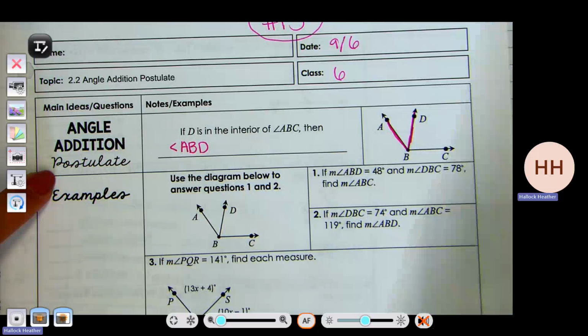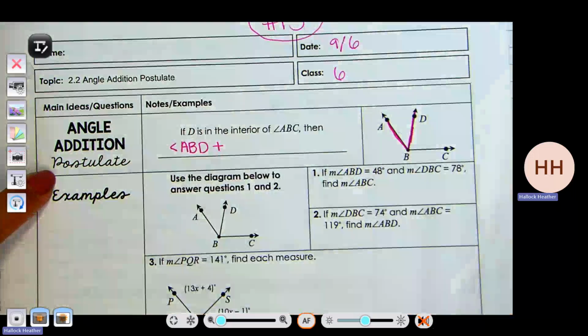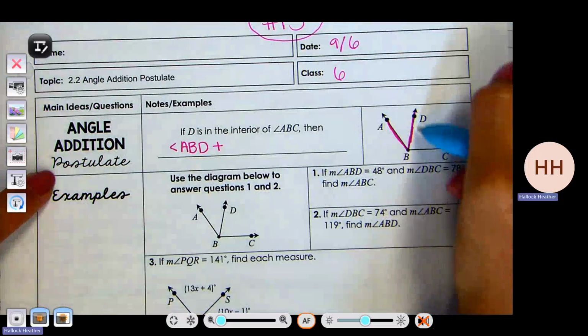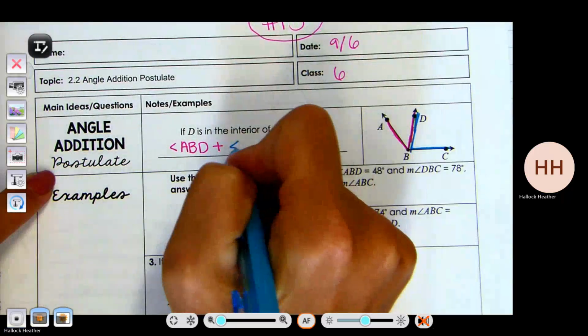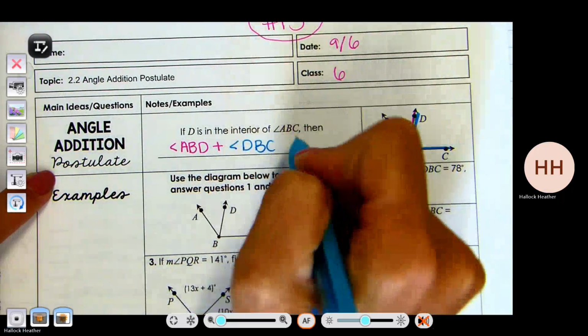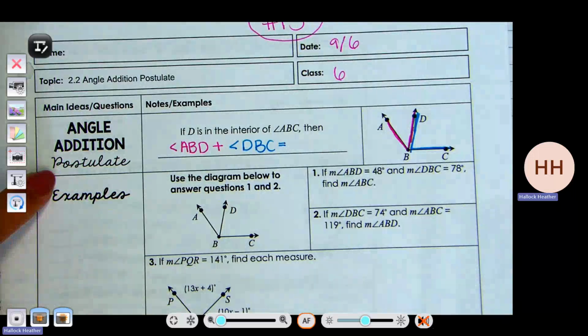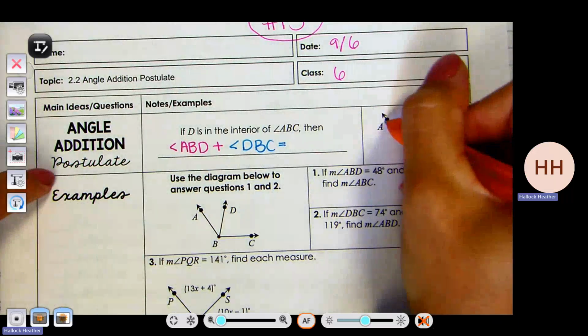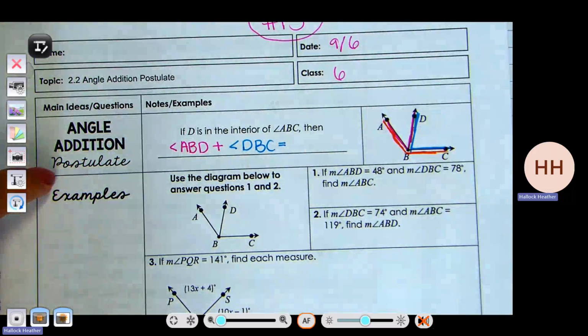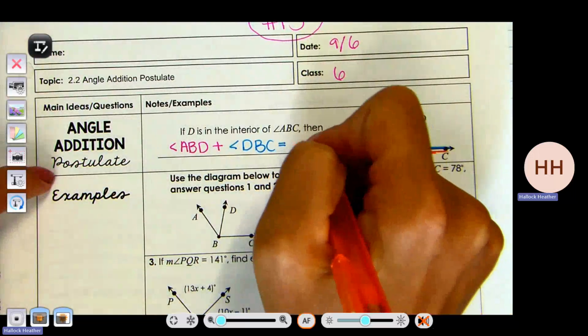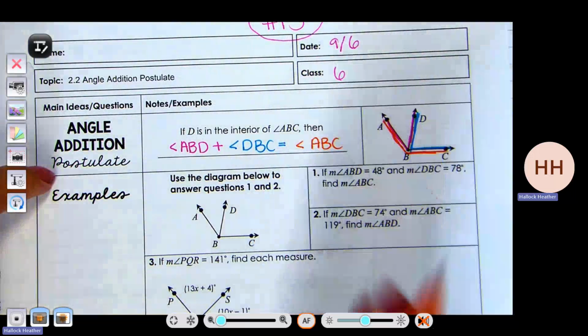If I were to add the angle next to it, DBC, what angle would it be equal to? ABC. So the idea is still the same. You're doing little piece plus little piece equals the whole thing. So this is going to be angle ABC.